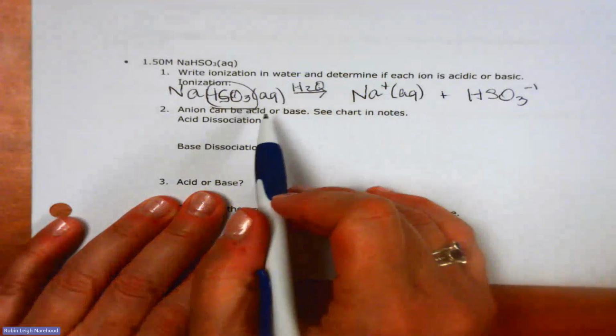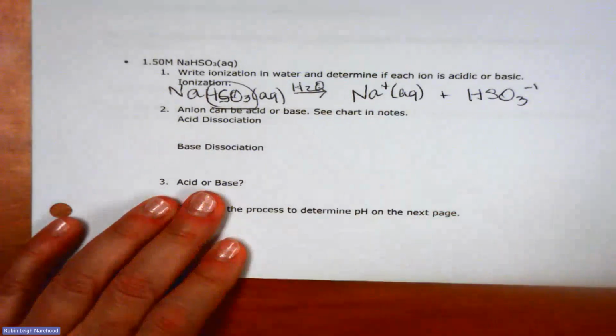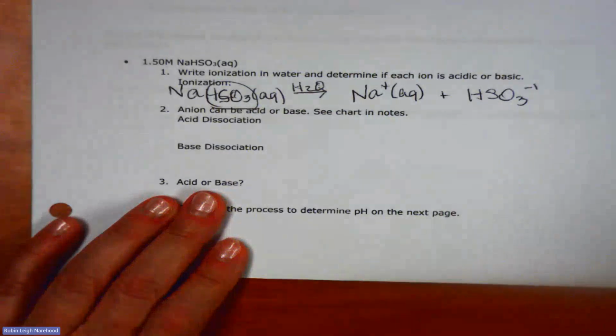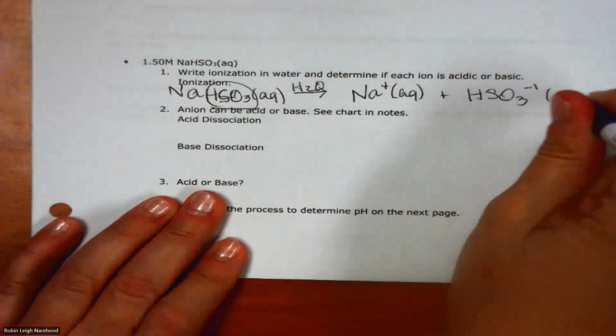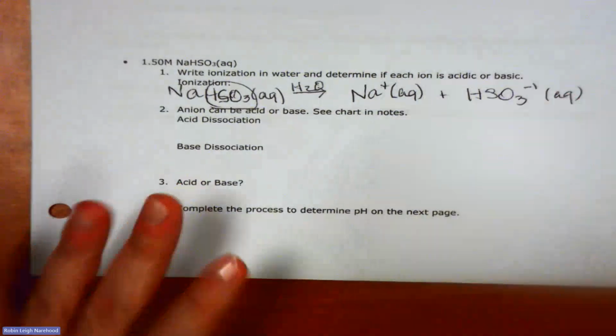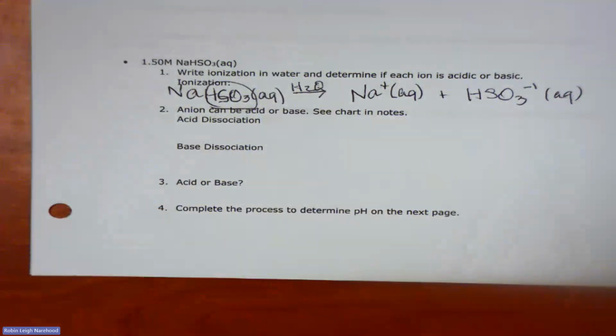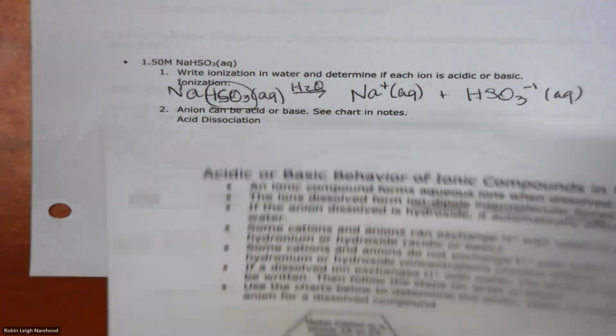So if it's an ion that you don't recognize, you can see what the charge of the cation is to figure out the anion. Okay. So this in water is the sodium ion and the hydrogen sulfite ion.